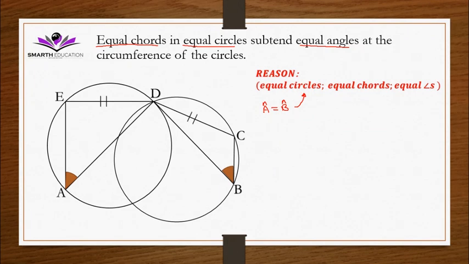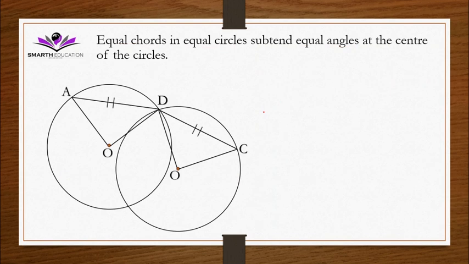Okay. And then the last one before we go to the activity says equal chords in equal circles subtend equal angles at the center of the circle. Like we have chord AD and chord DC, and they're subtending these angles at the center of the circle. So angle O for the first circle and angle O for the second circle.